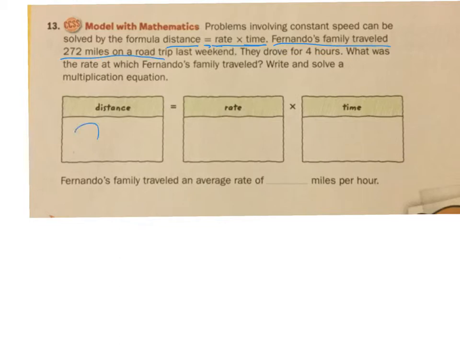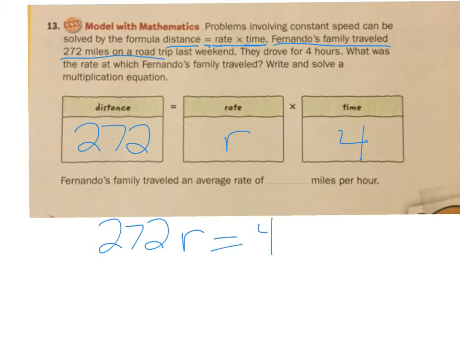So that's the distance, 272. They drove for 4 hours. That's the time. What was the rate that the family traveled? I don't know the rate. Since it starts with an R, I'm going to call it R. So 272 times R equals 4.